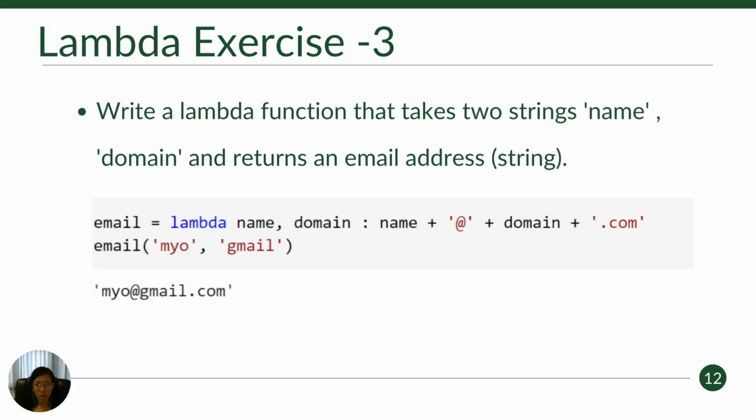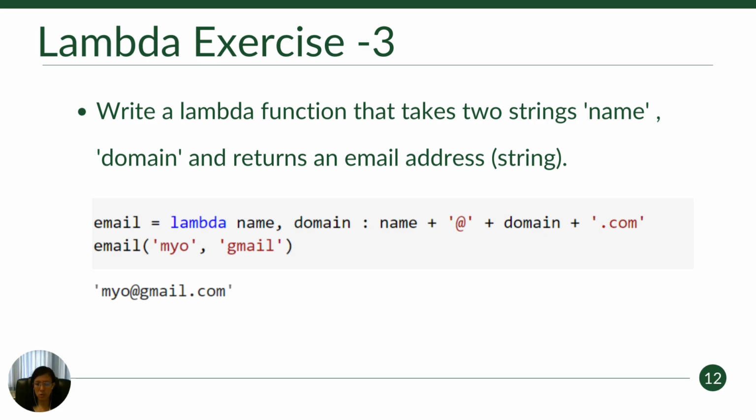Now let's move on to another lambda exercise. This time, the number of arguments is 2, name and domain. What you have to do is combine these two together and return an email address. We know that the email address format starts with the name, followed by the at sign, plus the domain, and then .com. Like before, after the lambda keyword, you put your two input arguments, name and domain, then a colon, and then your expression.